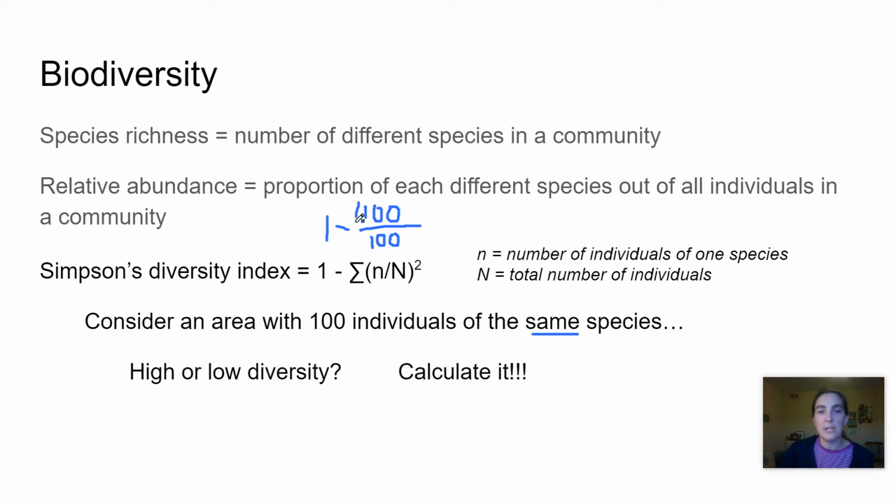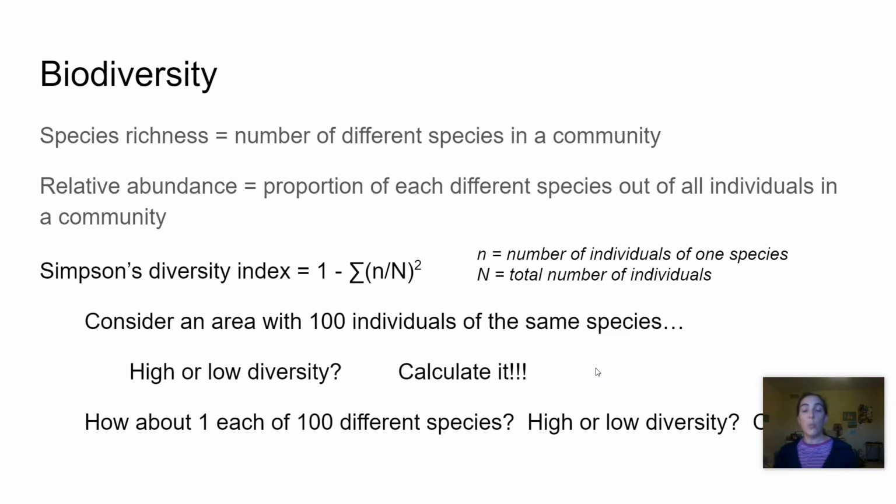And this part is squared. 100 divided by 100 is 1. 1 squared is 1. 1 minus 1. As you could probably predict, this ecosystem has diversity of 0 because they're all the same species. It's what we call a monoculture. It's all the same thing. So that's the very lowest end of this diversity index.